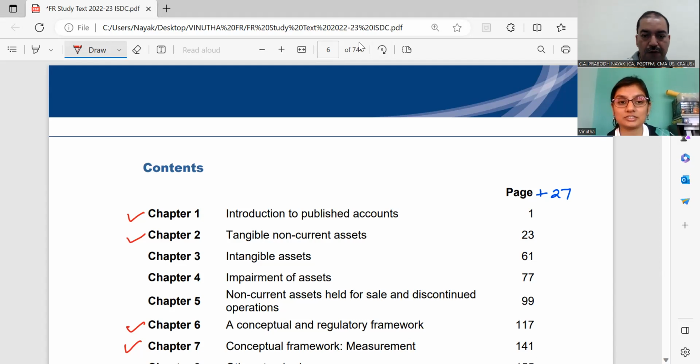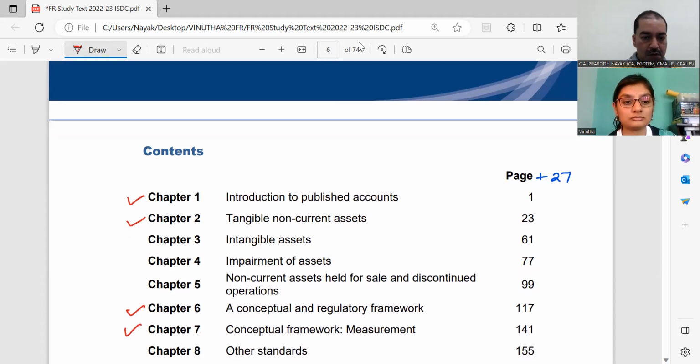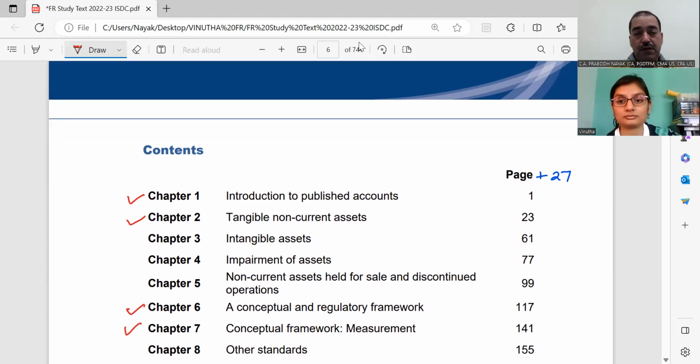So slowly and slowly we are trying to cover one topic here. So 4 chapters are already over. This is just the starting. These are all small chapters.